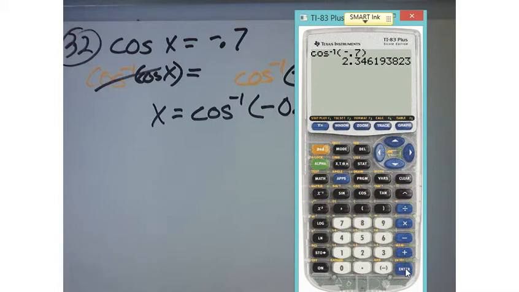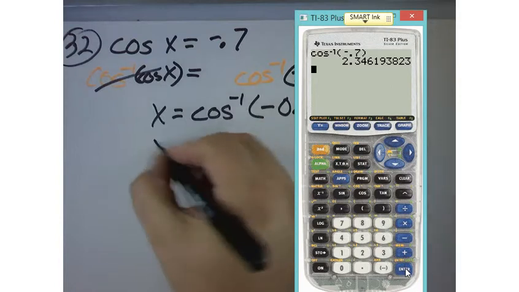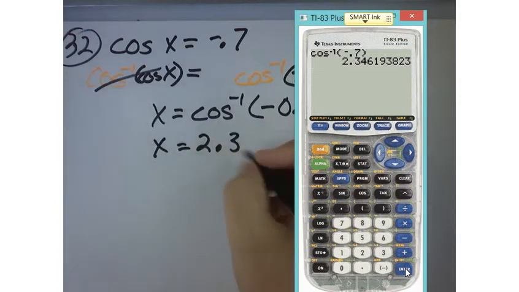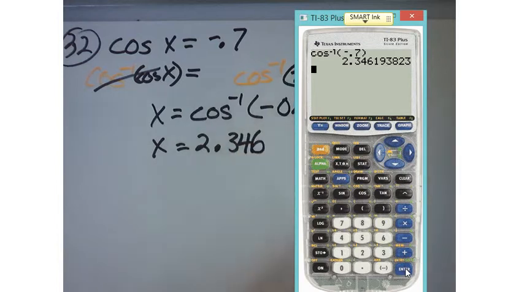The calculator will spit out x is equal to 2.35. Let's just go another decimal so you guys can see, 2.346. Now, our boundary on this one is 2 pi to 4 pi.